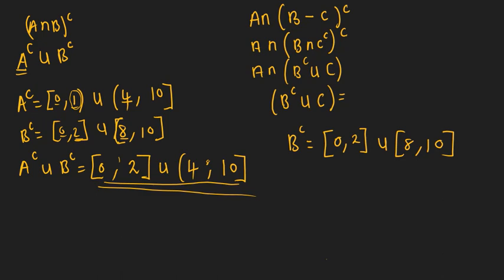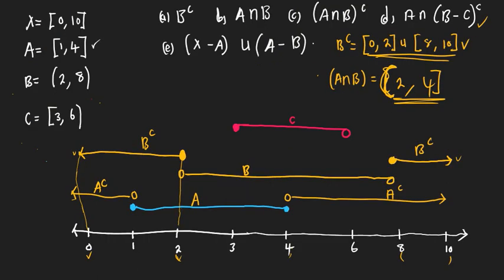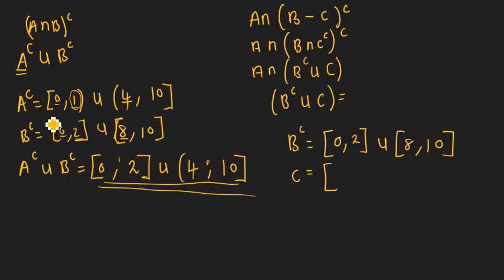And then set C. C is coming from 3 to 6, 3 to 6.